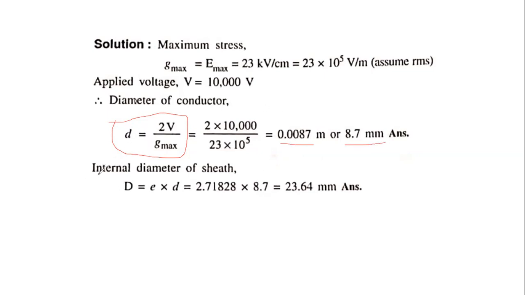Next we calculate the internal diameter of the sheath. What is the internal diameter of the sheath? That is capital D. Therefore capital D is equal to e into d.